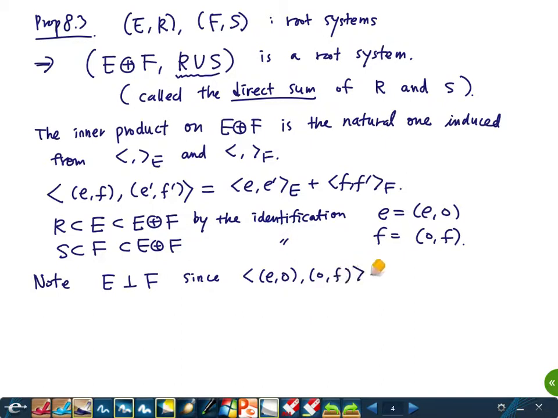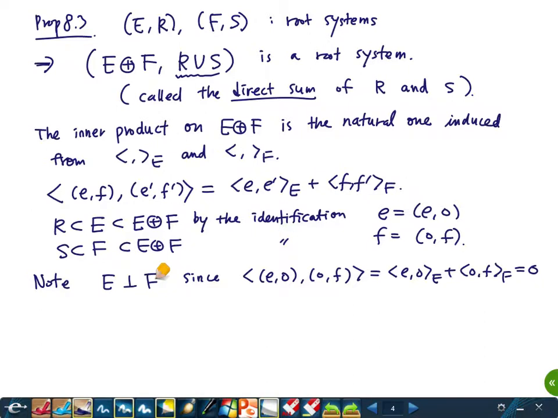So what is the inner product? It is the inner product of E and 0 in E plus that of 0 and F in F, but 0 plus 0 is 0. So whenever you take a vector in E and a vector in F in this direct sum, their inner product is 0, meaning E and F are orthogonal complements. So it is an orthogonal direct sum.